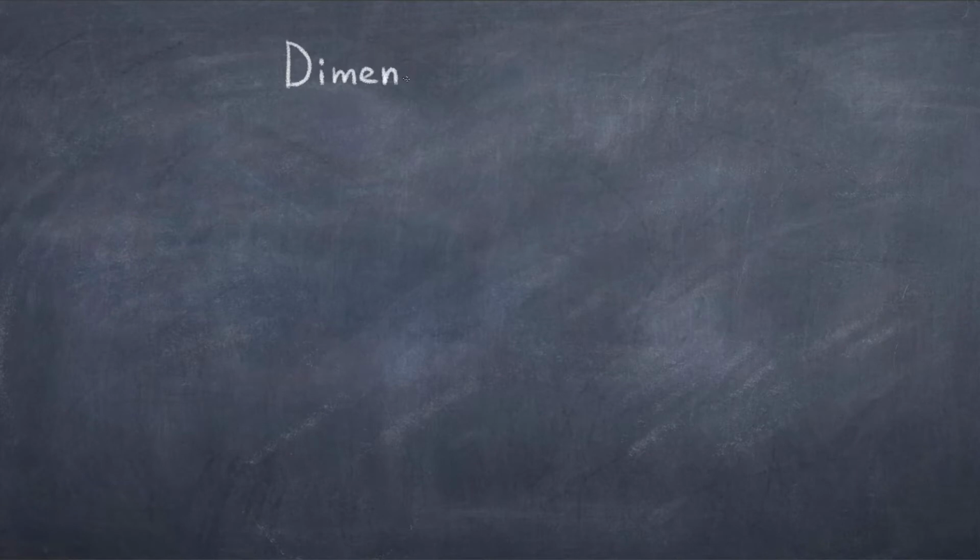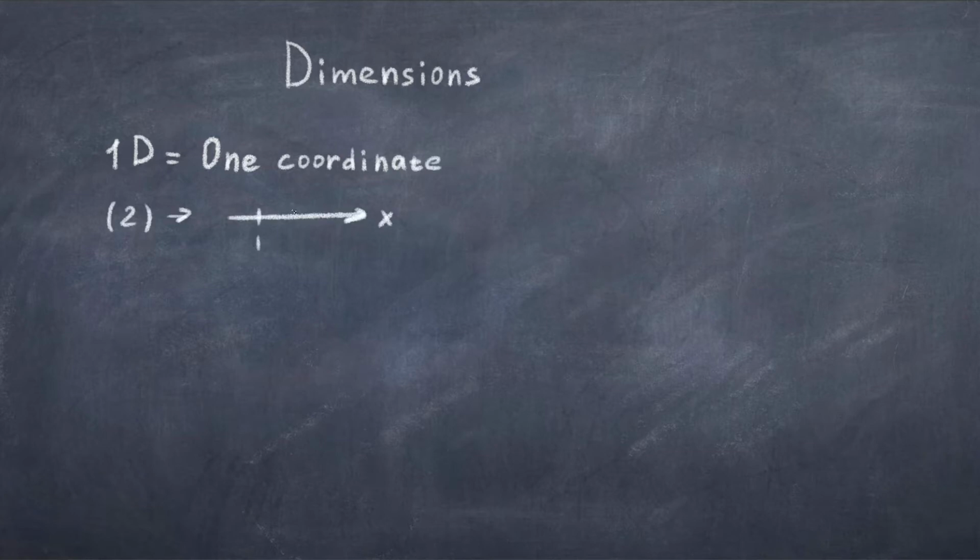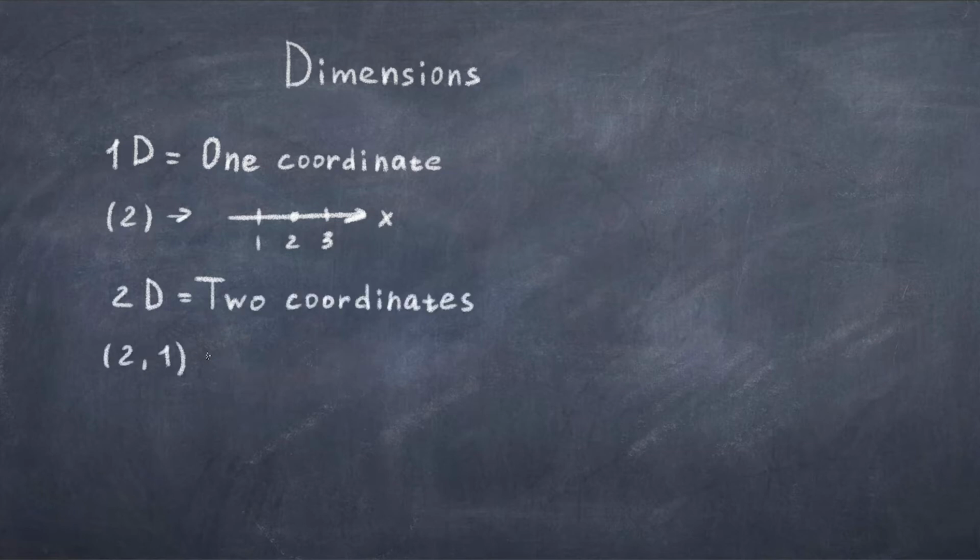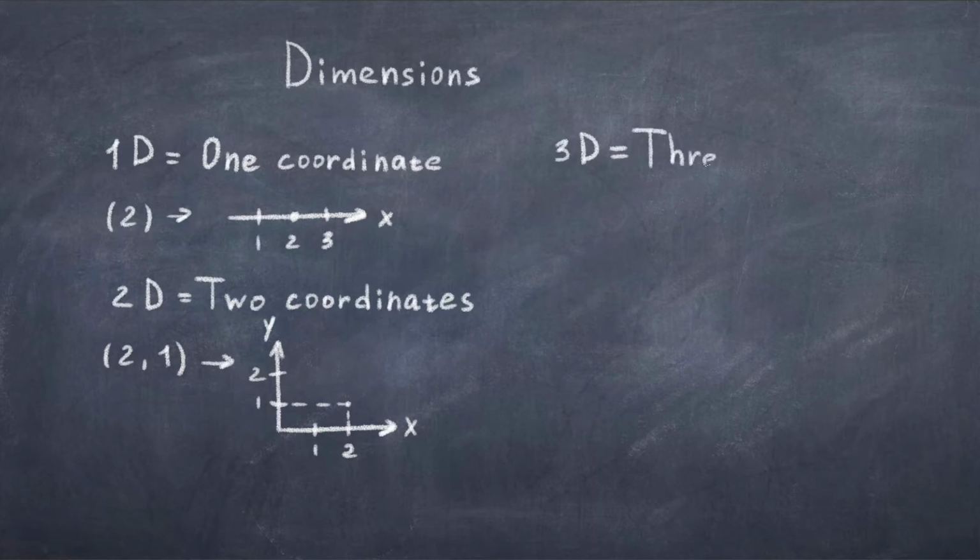Now we have already started talking about dimensions, and dimensions can be understood as how many numbers or coordinates you would need to describe one point. So in a one-dimensional space, which is just a line, you would need one coordinate to describe a point along the line. In 2 dimensions, you would need 2 coordinates to describe a point on a plane.